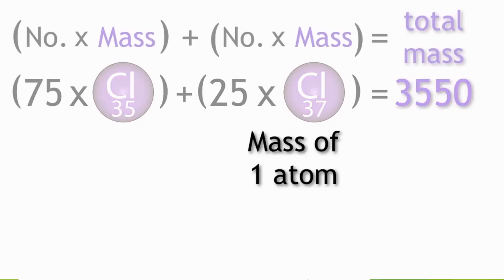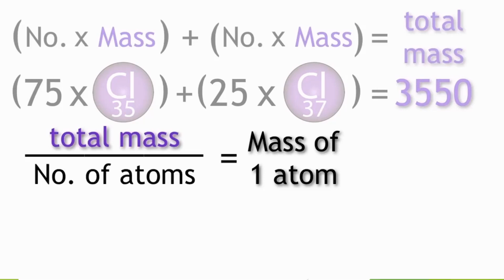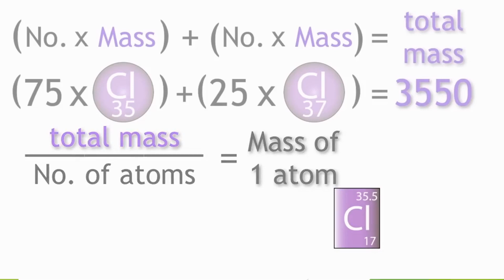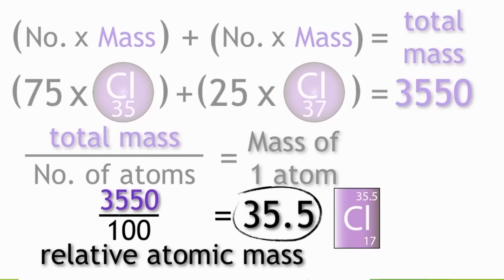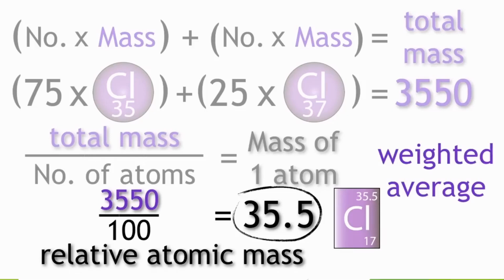The mass of one atom will be the mass of the total number of atoms divided by the number of atoms. So the mass of one atom of chlorine would be 3,550 divided by 100, 35.5. The relative atomic mass has a value closer to 35 because there are more atoms of chlorine 35 than chlorine 37. It is a weighted average.